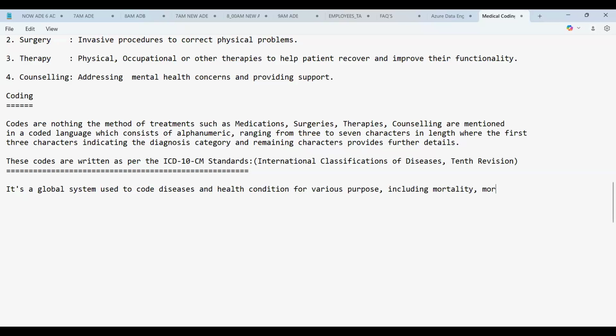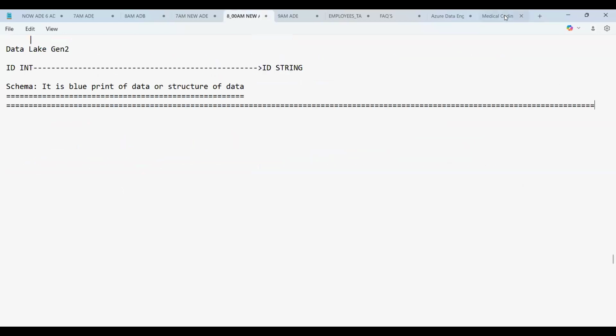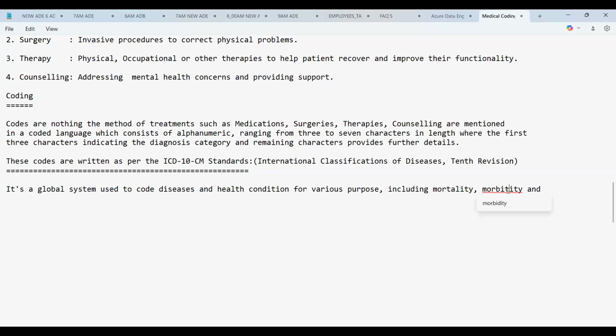morbidity, facilitating healthcare billing, and also used for research.